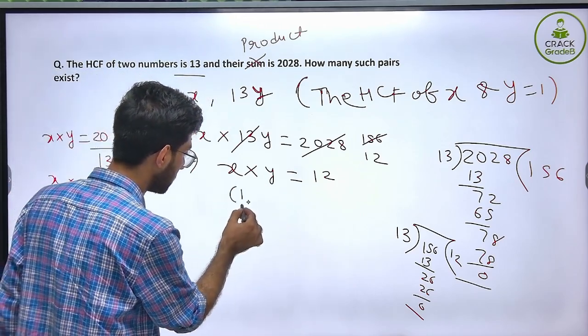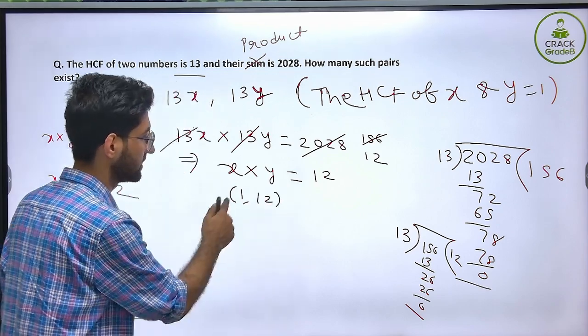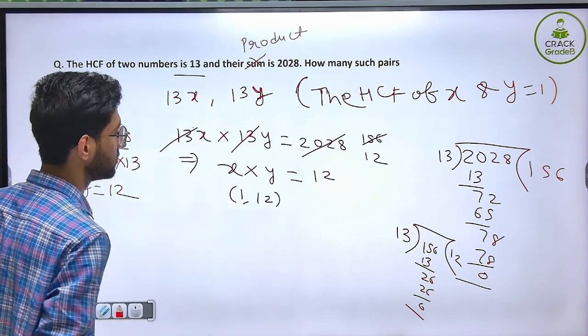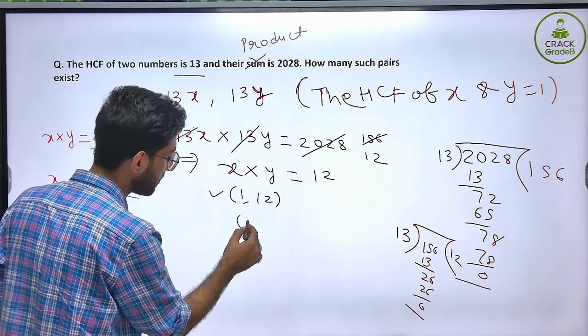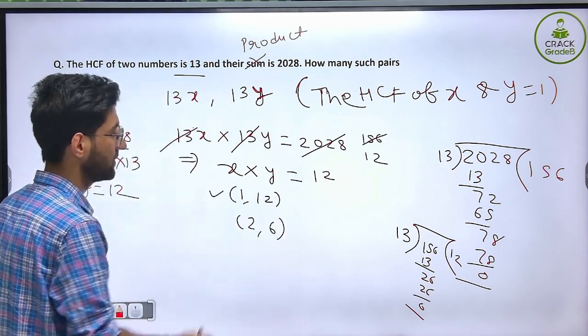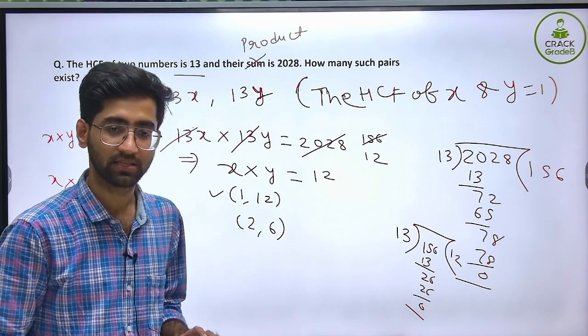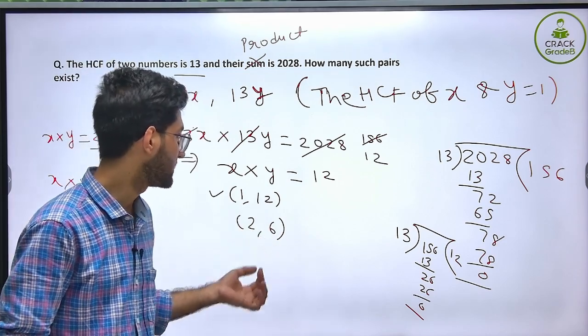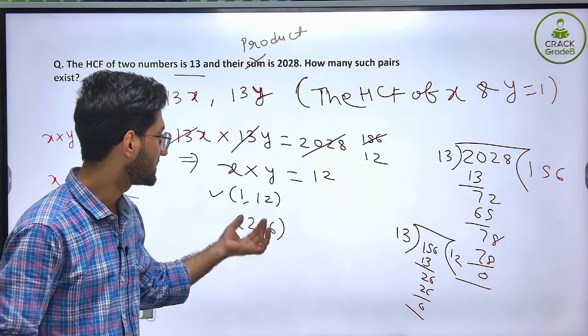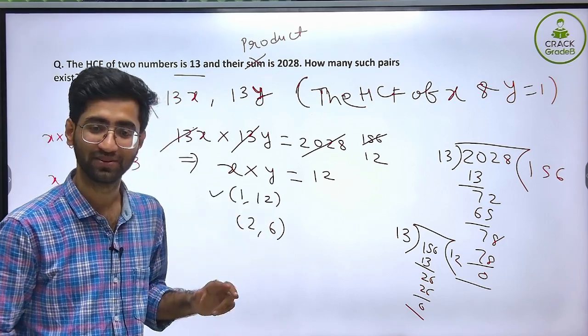One way is 1 and 12. See, 1 into 12 will give you the value that is equal to 12. And can you take 2 and 6? We know that 2 into 6 is equal to 12, but the HCF of 2 and 6 is 2.